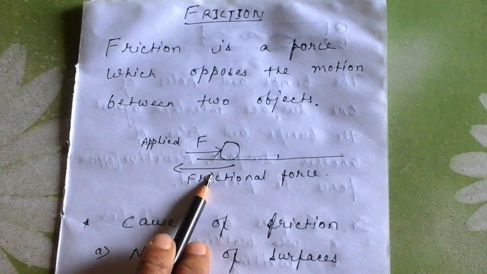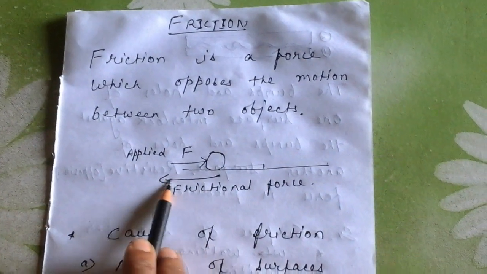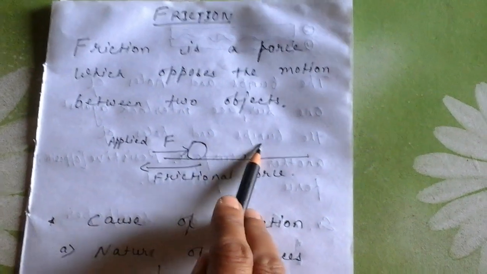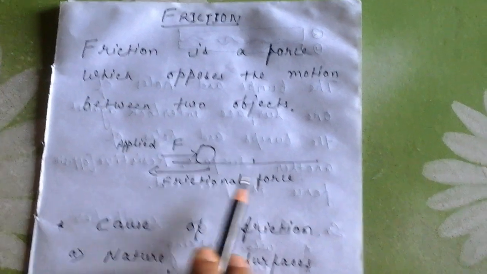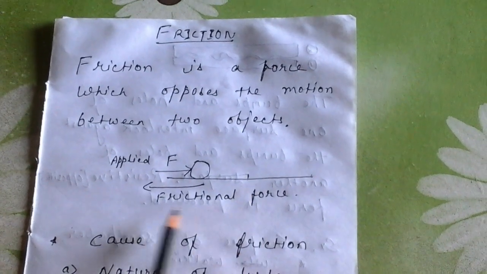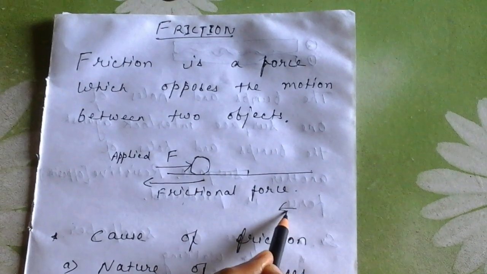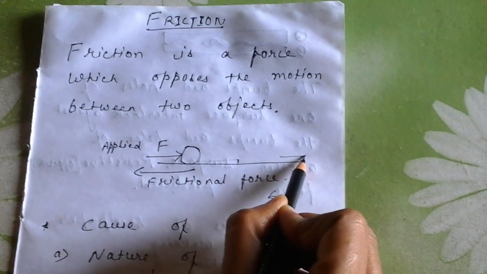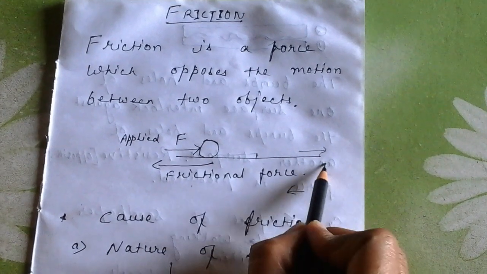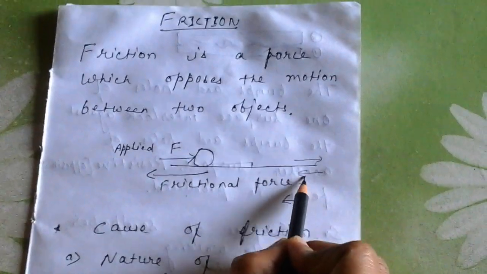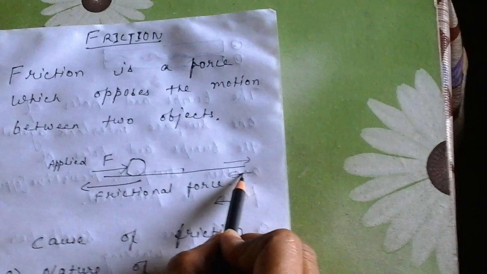Some force acting opposite to the direction of motion of the body is known as frictional force. So anywhere, it is acting opposite to the direction of motion. We are walking in the front direction and frictional force is acting opposite to this. Both the forces get balanced and we are able to walk easily.